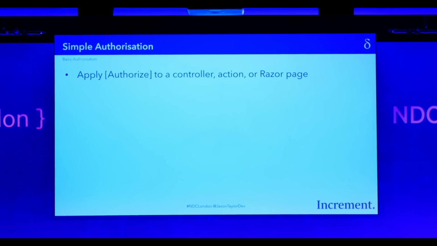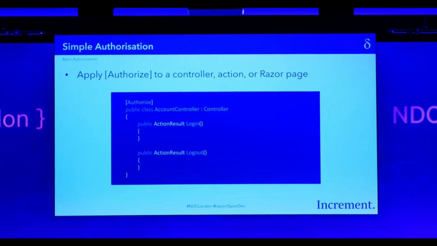At its simplest form, authorization in ASP.NET Core requires applying an authorized attribute to a controller, action, or razor page. You can see in this example, I've applied the attribute to the account controller. So that means that any of the actions in this controller require an authenticated user.